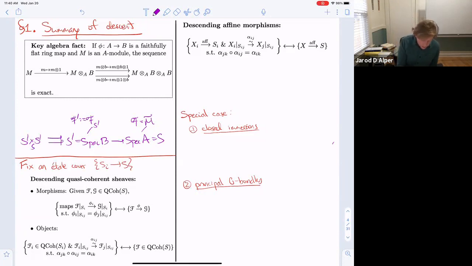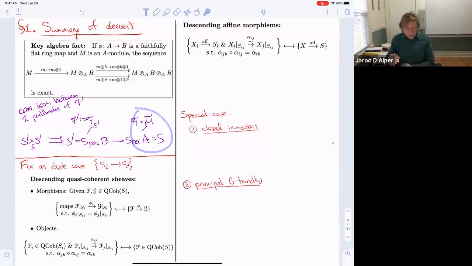And the point is that there's a canonical isomorphism between the two pullbacks of F prime, such that under this canonical isomorphism, the sections that are identified are M. So in other words, this key algebraic fact is saying that if you're given a module M over the base here, you can actually recover it from its pullback by considering exactly the kernel of this map.